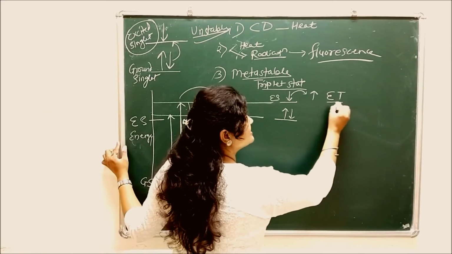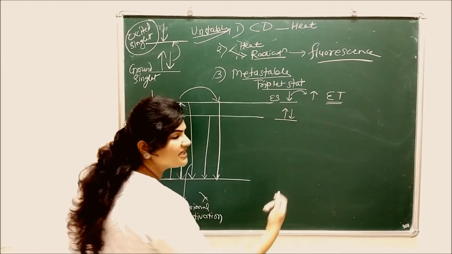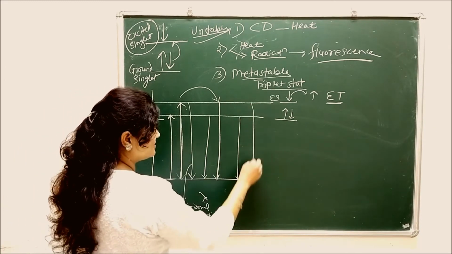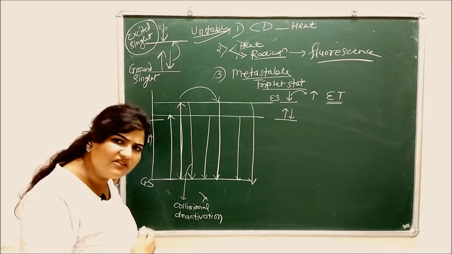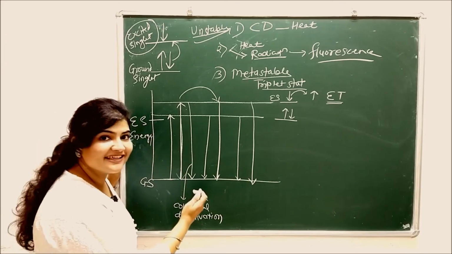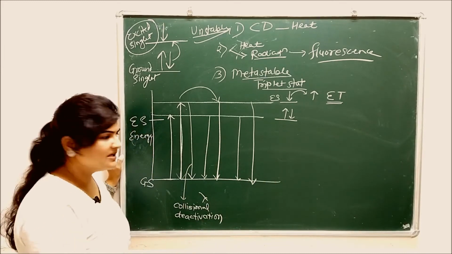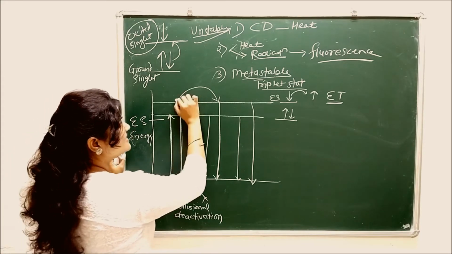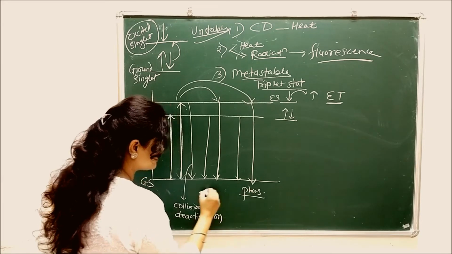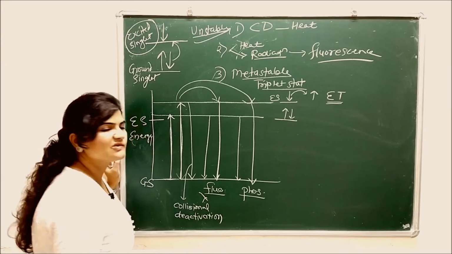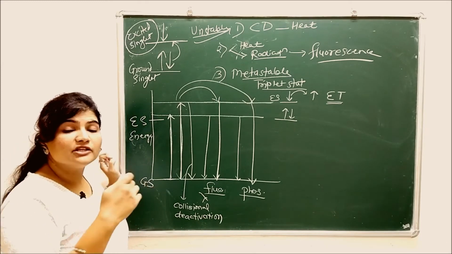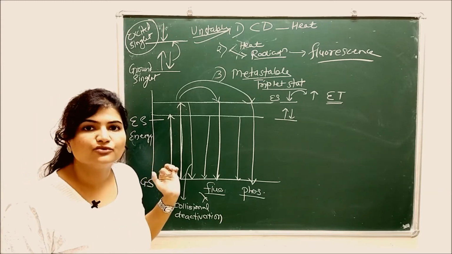From the excited triplet state, the molecule will return back to the original state by emitting radiation of even higher wavelength. So phosphorescence will be on the extreme right side of this graph. This is your absorption spectra, this will be the emission spectra for phosphorescence, and this will be the emission spectra for fluorescence. So this is what happens when the molecule returns back to its original ground singlet state.